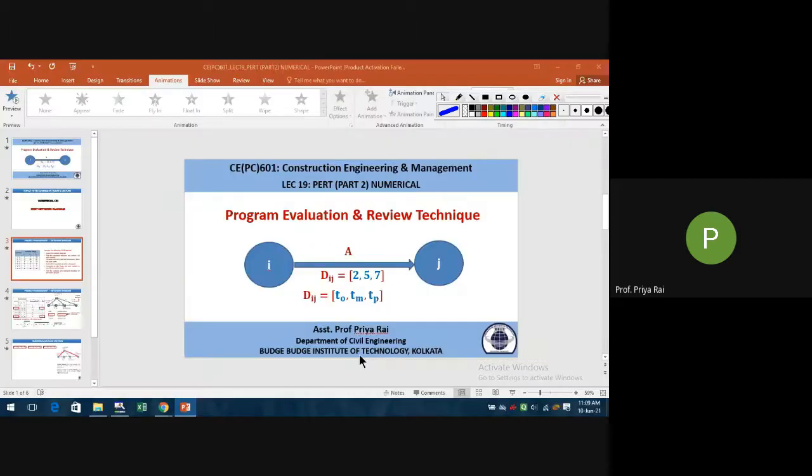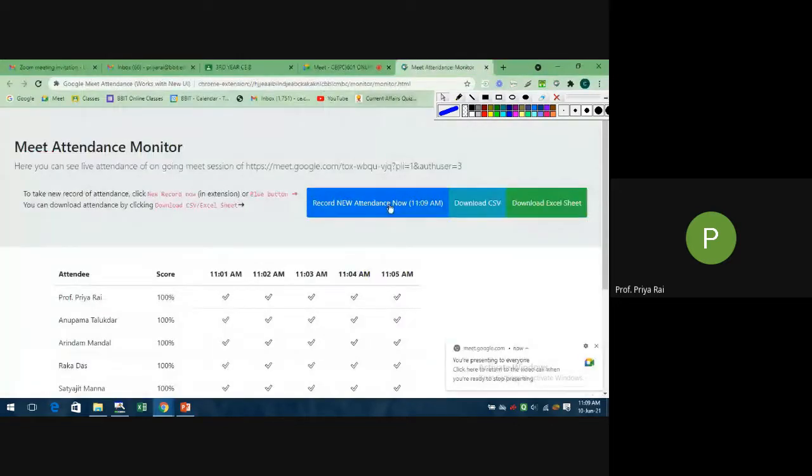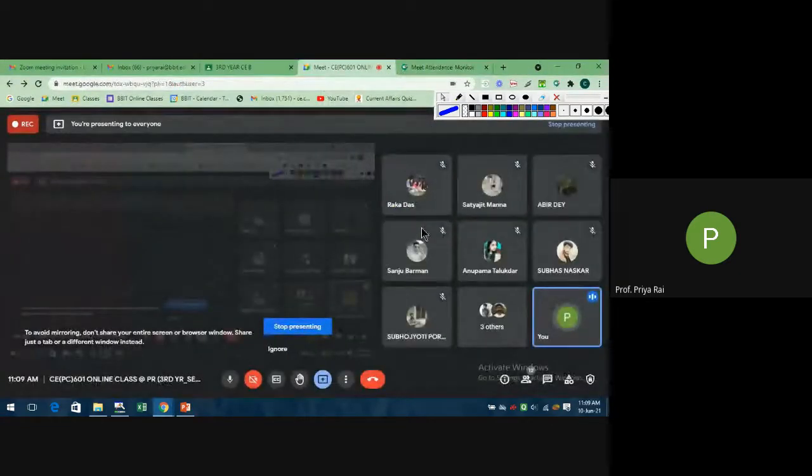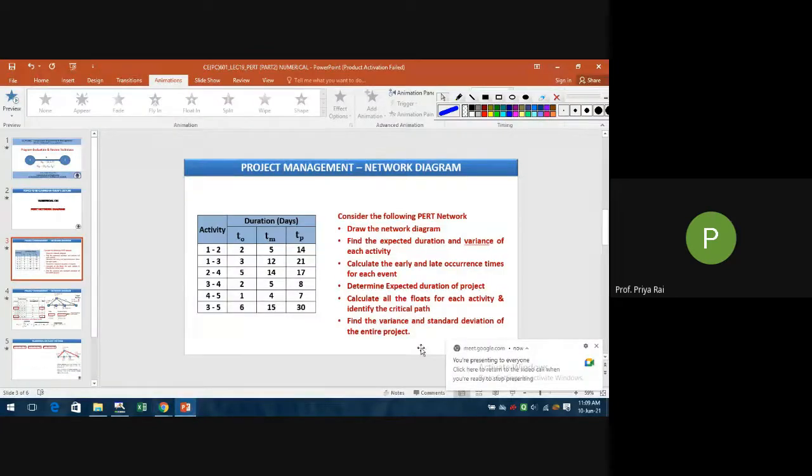If all 3 float values for a particular activity are 0, that activity is a critical activity. And lastly, find the variance and standard deviation of the entire project, that is, of the critical path. For the longest duration path, the standard deviation will be that of the whole project itself.